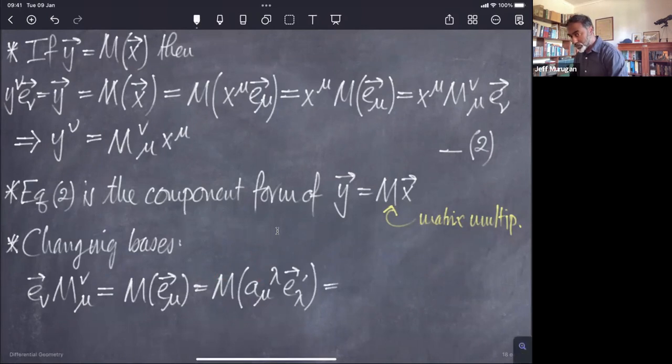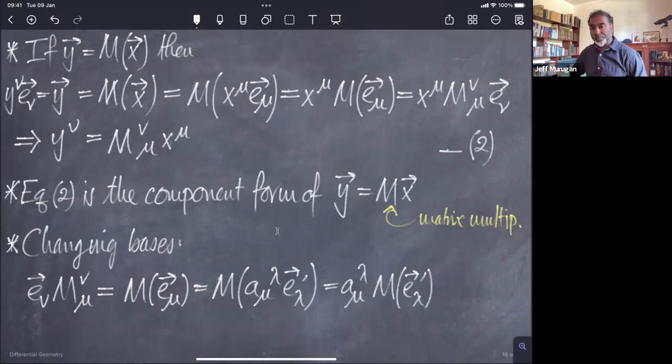So this is equal to A_μ^λ M acting on E_λ'. But M acting on E_λ' is just E_σ', let's call it, M'^σ_λ. Okay.